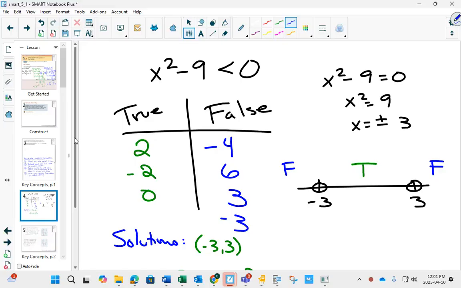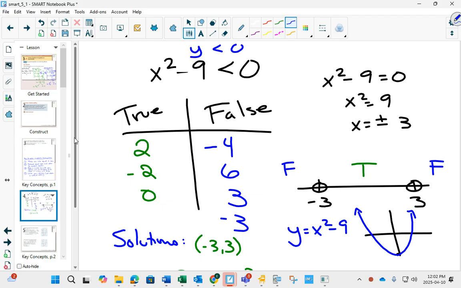You can also think of it graphically. So you can use chapter 4 to help you with this too. If you think about the graph of x squared minus 9, you see the vertex is at 0, negative 9. It would be taking the x squared graph and moving it down 9 units. It would look like this. And if we're looking for where x squared minus 9 is less than 0, that's y.